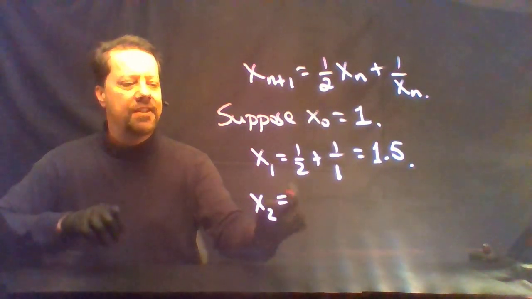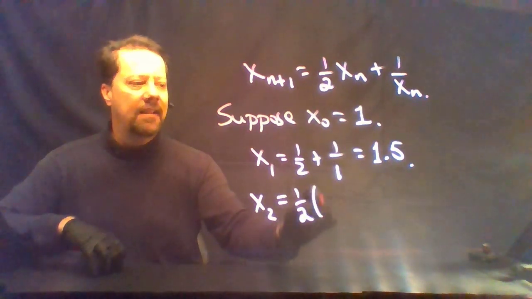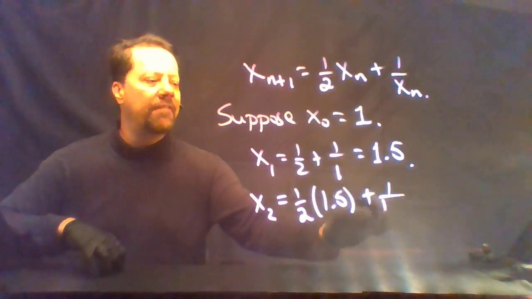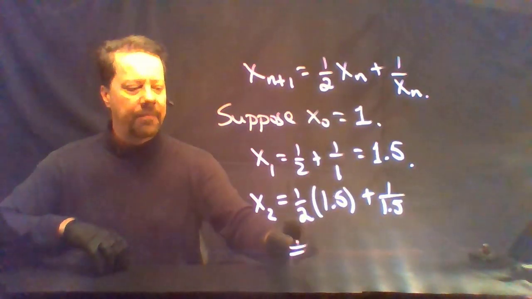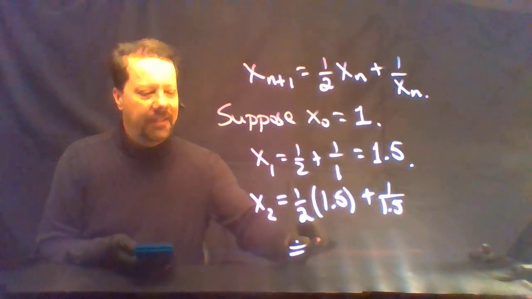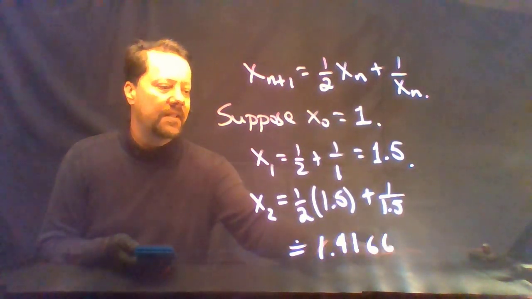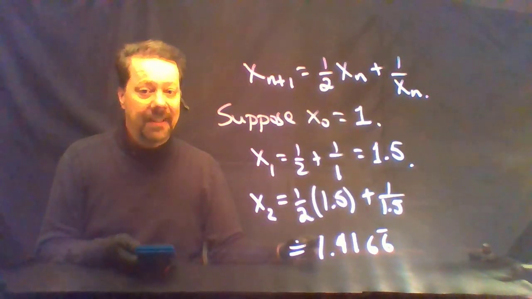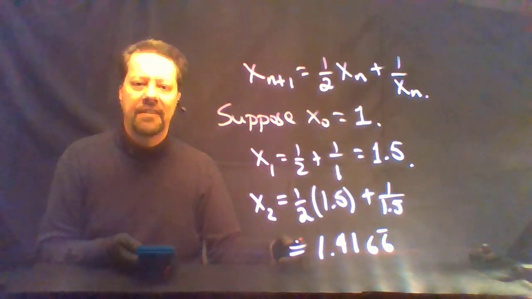The next iteration of the method tells you to take 1/2 of the previous value plus 1 divided by the previous value. My calculator tells me that this is 1.4166 and so on. That's significantly better than 1 or even 1.5.